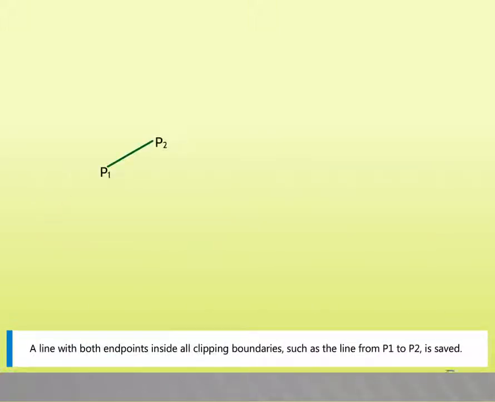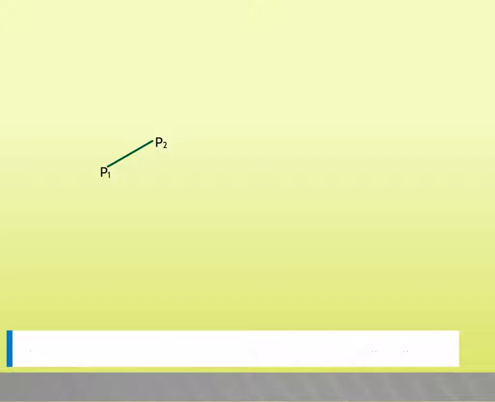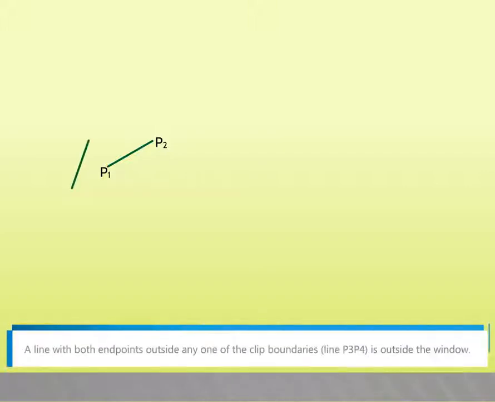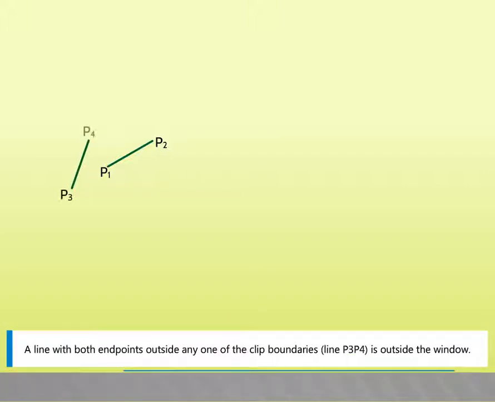A line with both endpoints inside all clipping boundaries, such as the line from P1 to P2, is saved. A line with both endpoints outside any one of the clip boundaries, that is line P3 P4, is outside the window.